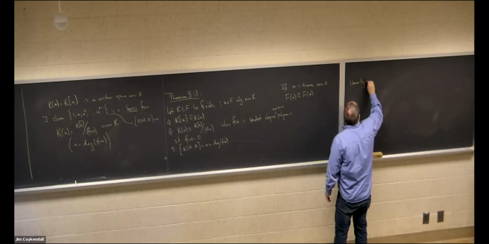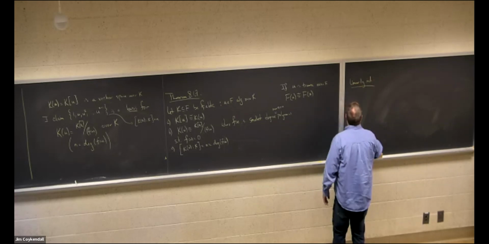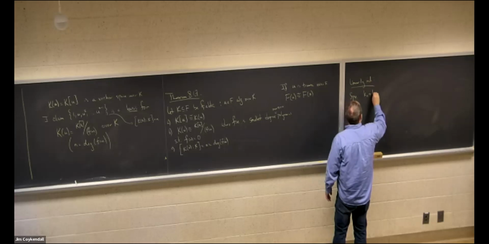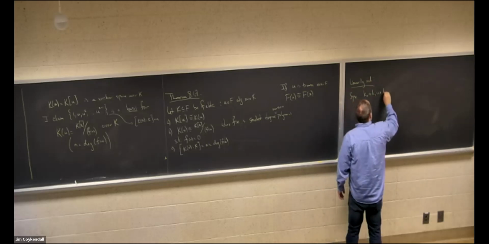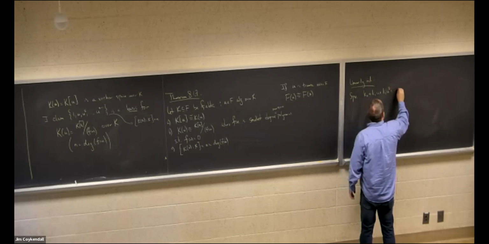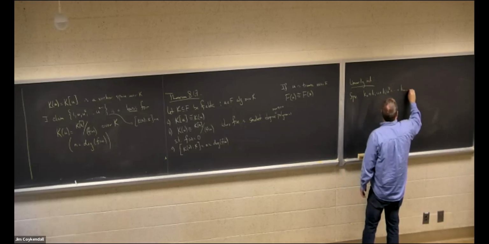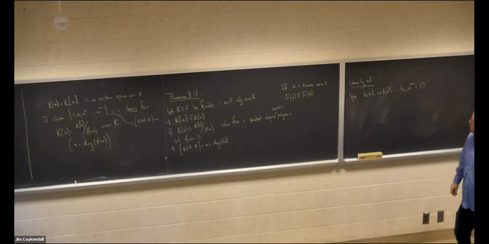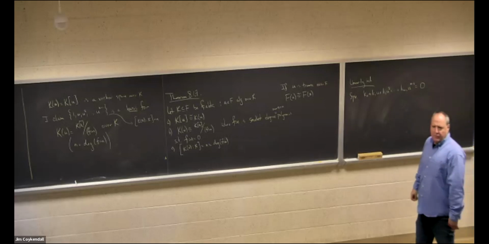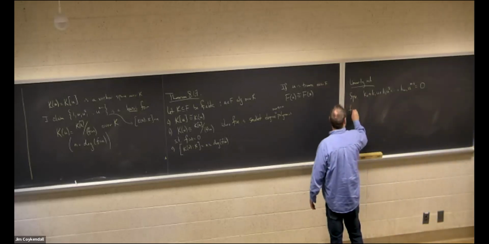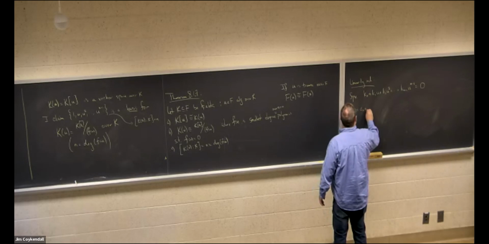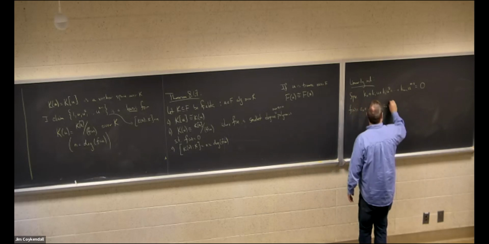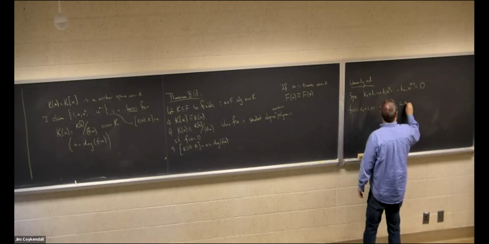Suppose that k0 plus k1 u plus k2 u squared plus up to k(n-1) u^(n-1) is equal to 0. And let's suppose, just for giggles, that f of x is a0 plus a1 x plus up to an x^n with an not equal to 0.